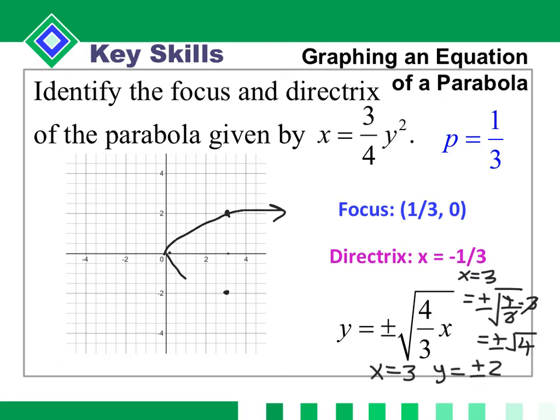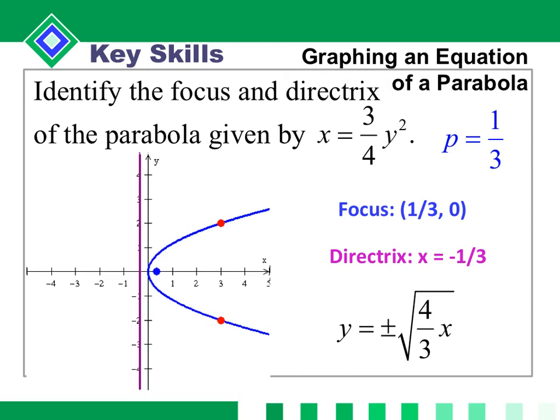That's a little off. See, that's my parabola when I graph it. Actually, I forgot to do my directrix over there. And here is the parabola when you use technology. You can do this on Desmos.